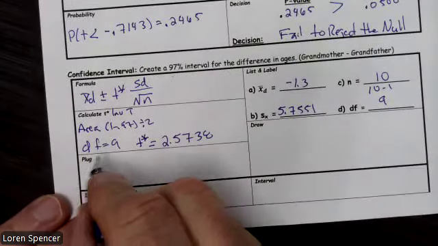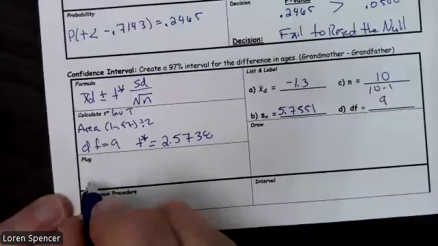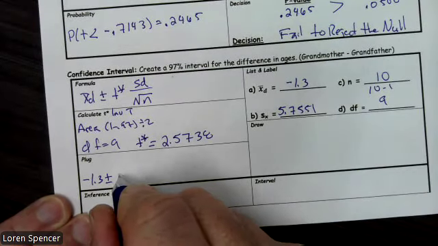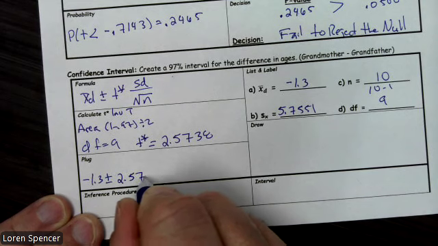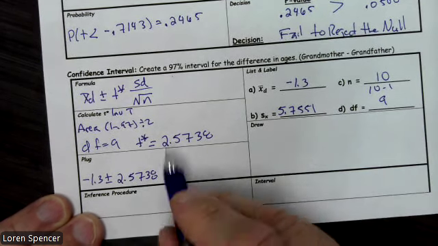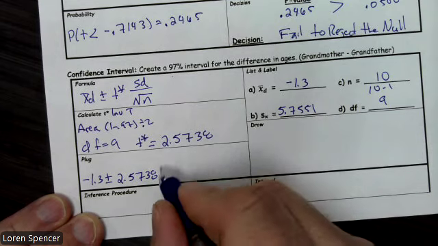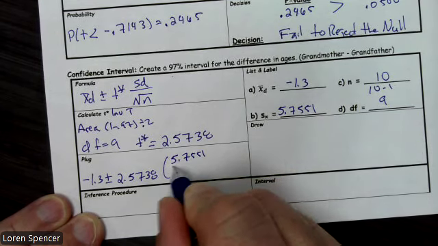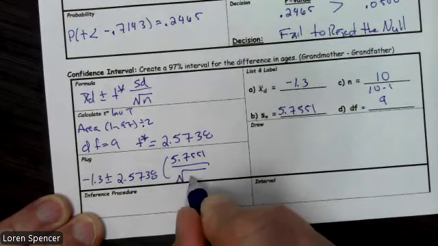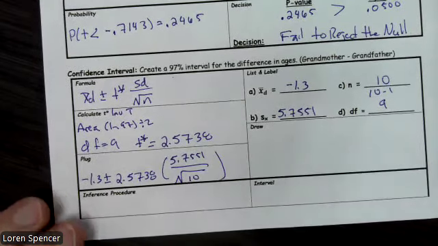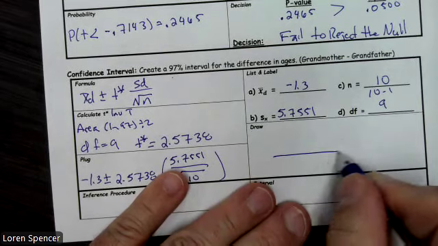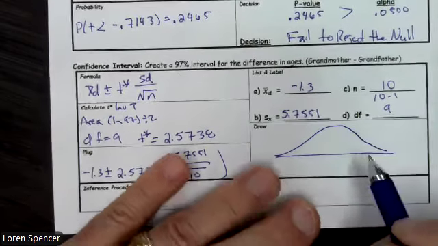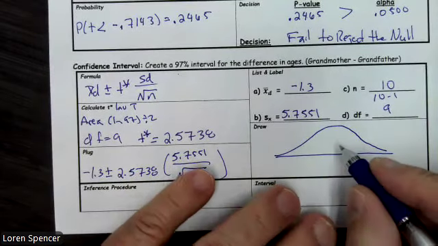So when we plug in x bar d, negative 1.3, plus or minus 2.5738 times the standard deviation, 5.7551 over the square root of 10. Drawing a picture. Please remember, hypothesis tests are different than confidence intervals.